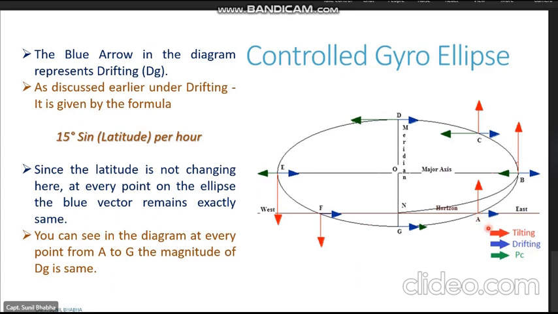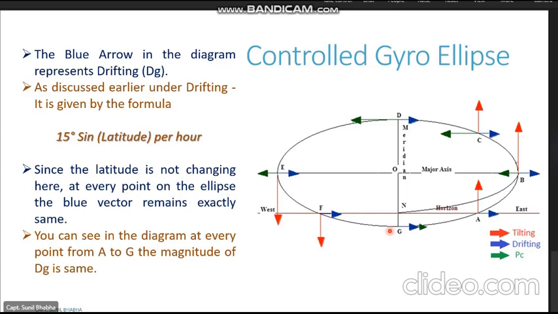So first of all, we go for the drifting force. Drifting is represented by the blue color arrow, and the formula we have just seen is 15 degrees sine of latitude per hour. Now in this particular elliptical motion, we are assuming that the observer is not changing position.